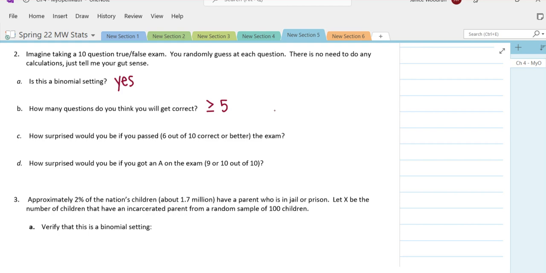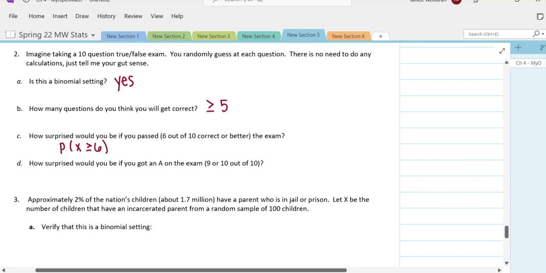That would be the probability that x is greater than or equal to 6. An easy way to do this, a quick probability, would be to do 1 minus binomcdf of 10, 0.5, and 5, because you would take the cumulative probability of 0 through 5 and subtract it from 1, which ends up giving you the probability of 6 through 10.